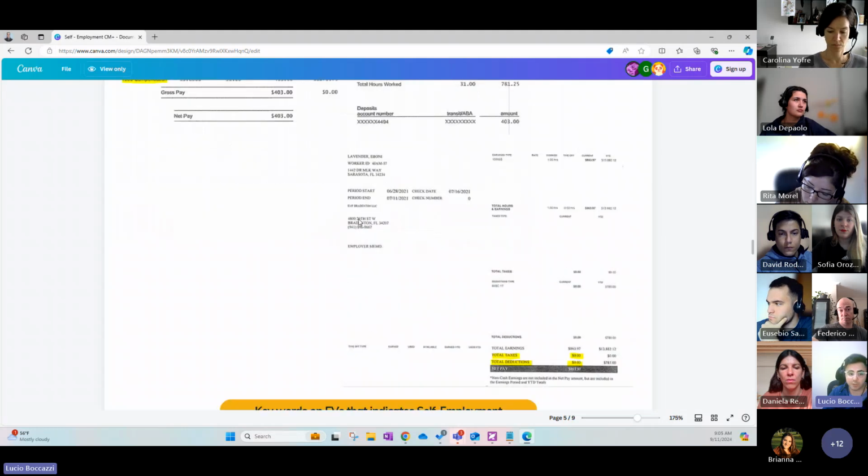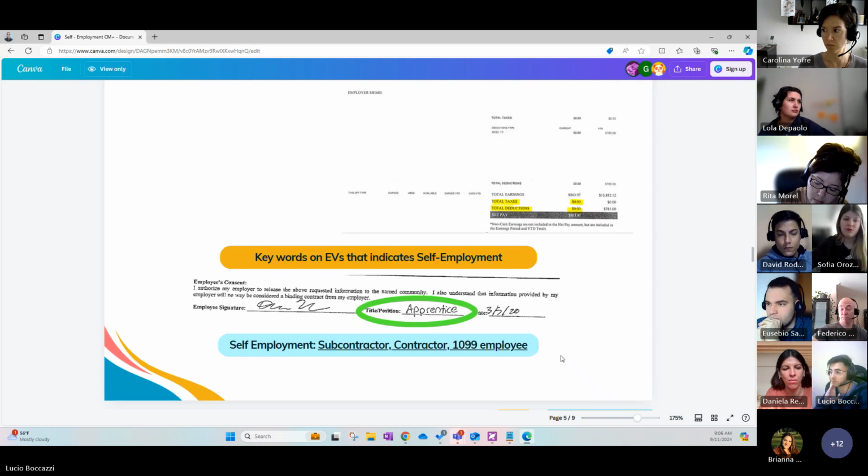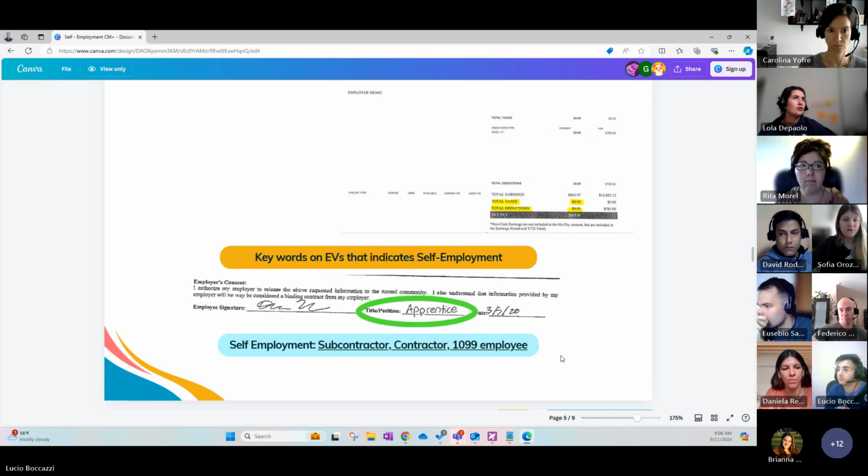This also applies to VOEs if you get a title that is 1099 employee or contractor or subcontractor, that would mean that you're dealing with self-employment. Okay, so you would have the applicant switch everything to self-employment, and as usual, the first preference will always be getting the tax return from the applicant. Any questions so far? No.